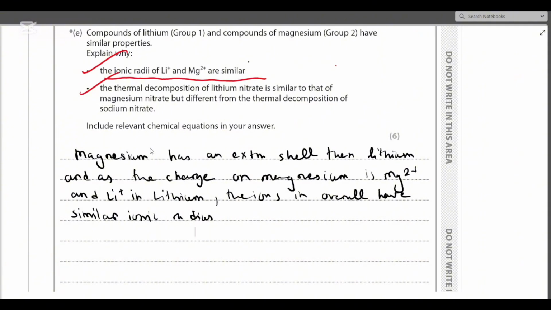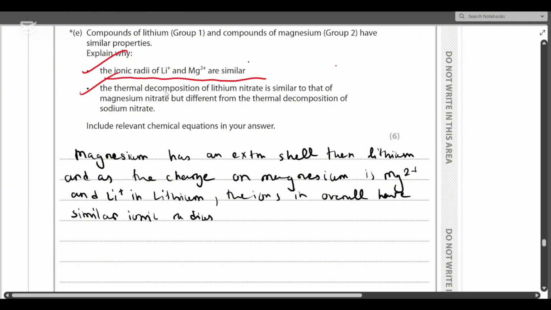The ions will have similar size, considering that when two electrons get lost, one shell is taken away from magnesium, and that is going to be equal to the number of shells present in lithium. So first of all, that's the reason why Li+ and Mg2+ have similar ionic radius.